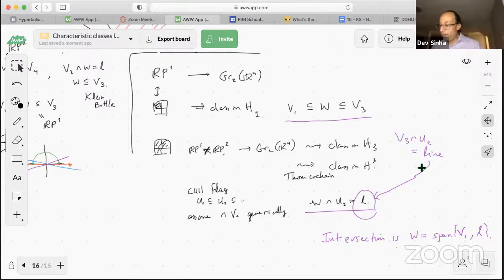There's lots of transversality to check, but that's pretty straightforward. So that would be technique number 2.